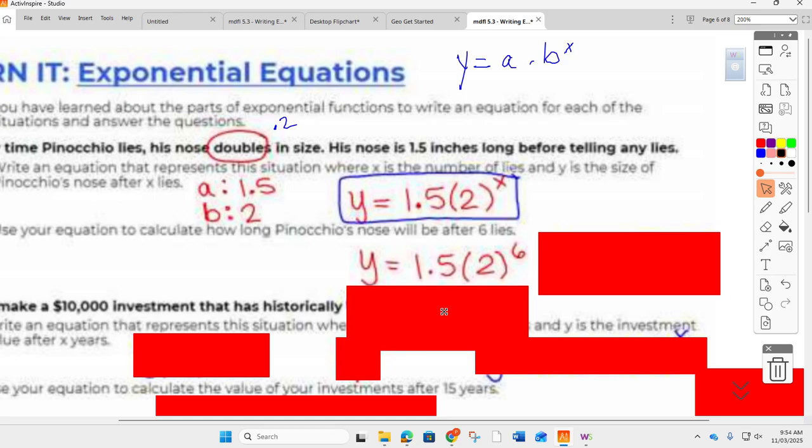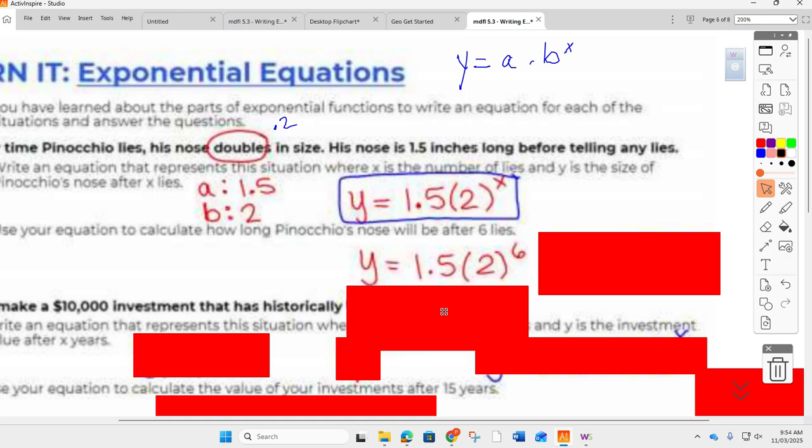You're going to do that on your calculator. What'd you get?